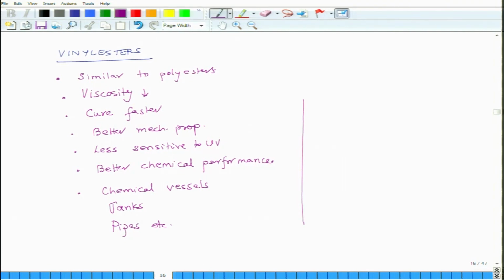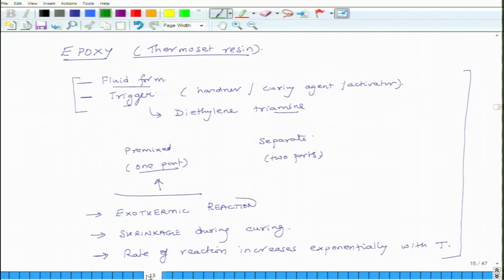Very quickly, their properties. So, the density or specific gravity is anywhere between 1.1 to 1.3. Tensile modulus can actually range from 3 GPa to 3.7 GPa. The tensile strength is measurably higher.